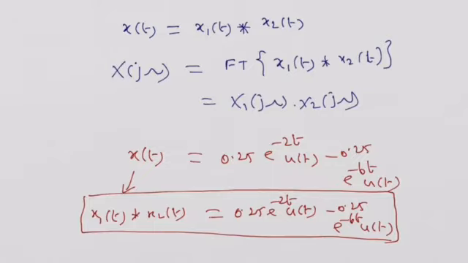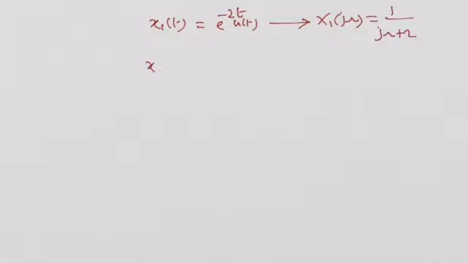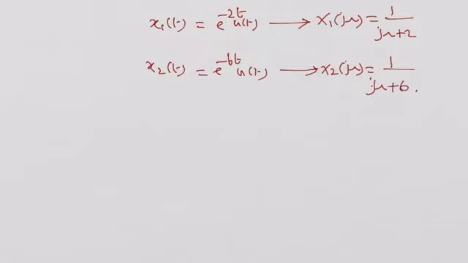I am ready to even say one more point about it. When I have x1 of t, what is x1 of t? x1 of t is e power minus 2t u of t. Its Fourier transform results in X1 of j omega, which is equal to 1 divided by j omega plus 2. Similarly, x2 of t is e power minus 6t u of t. What is X2 of j omega? 1 divided by j omega plus 6.